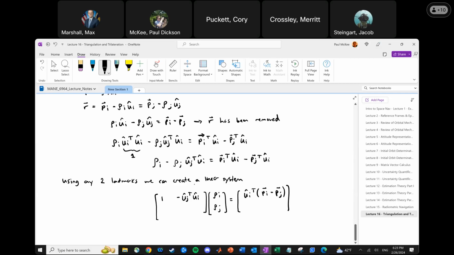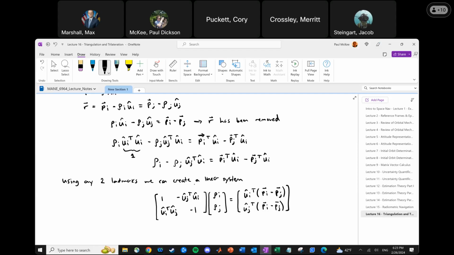And we could play this exact same game if we had focused on rho_j. So this would look like u_i transpose u_j and negative 1. And then this would be u_j transpose (p_i minus p_j).